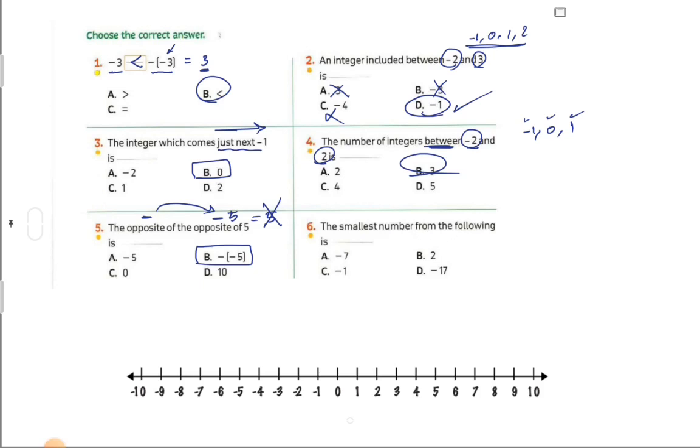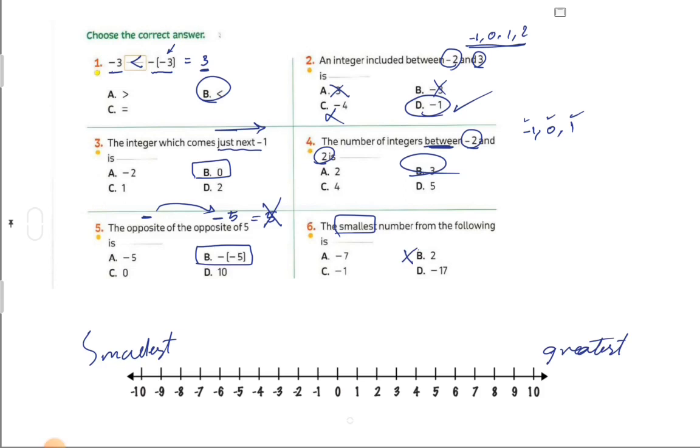We know that here we have the smallest integer and here we have the greatest integer. Here it asked us about the smallest number. What's the smallest number: 2, negative 7, negative 1, negative 17? We have positive and negative numbers, and of course the positive is not the smallest.